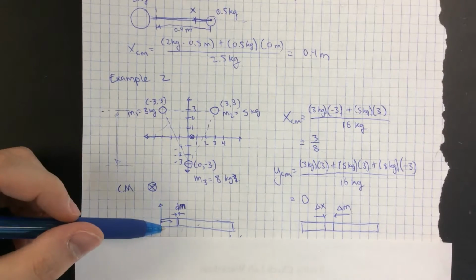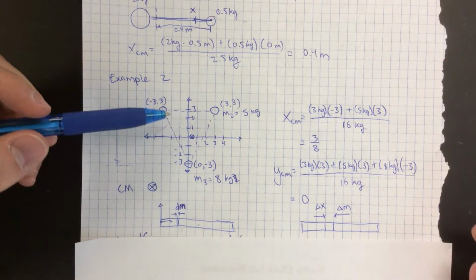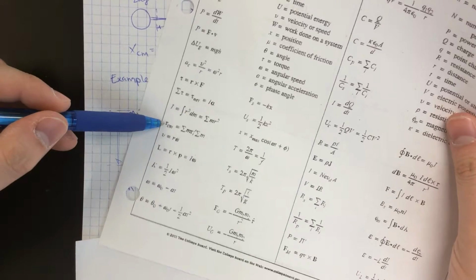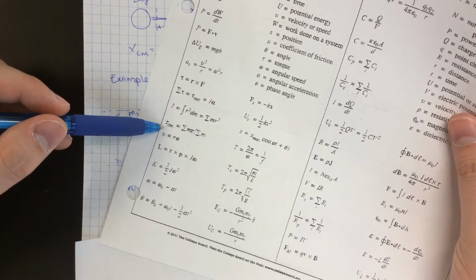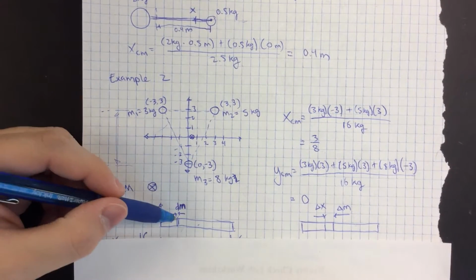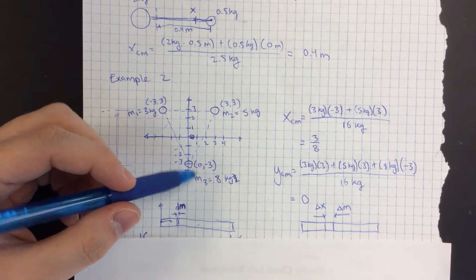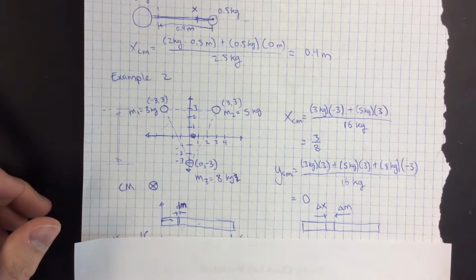Now maybe it's uniform, maybe it's not, but what you need to do is convert this into the calculus version. You need to add it up over all the little slices that you can create. So instead of having distinct particles, how do you take a bar or a solid object and chop it up into distinct particles?